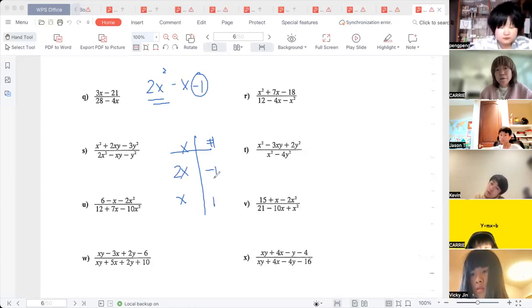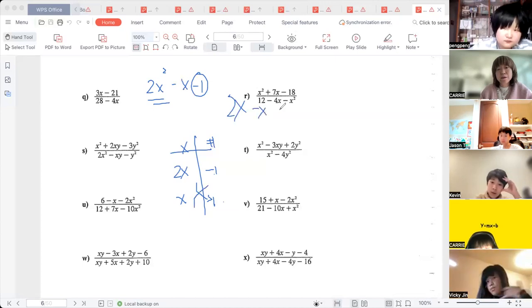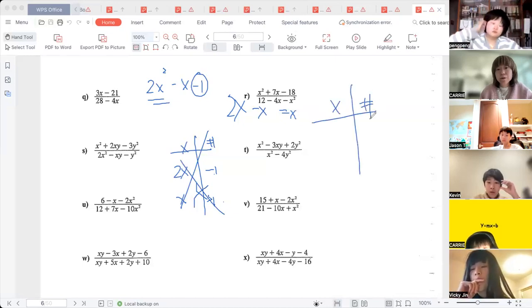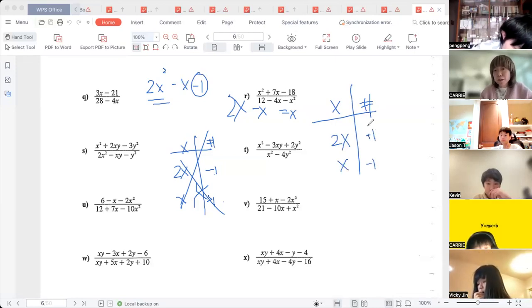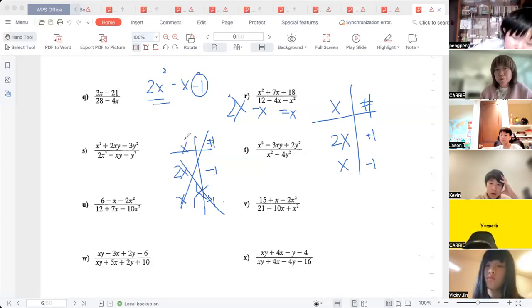But let's see, if I have negative 1 and 1 like that, so 2x times x equals 2x squared, and negative 1 times x equals negative x. It's wrong. So it's x and number, so it's 2x and x. So it's positive 1 and negative 1. Why I'm changing this is, everybody, you can see the number part is still negative 1 times positive 1 equals negative 1.